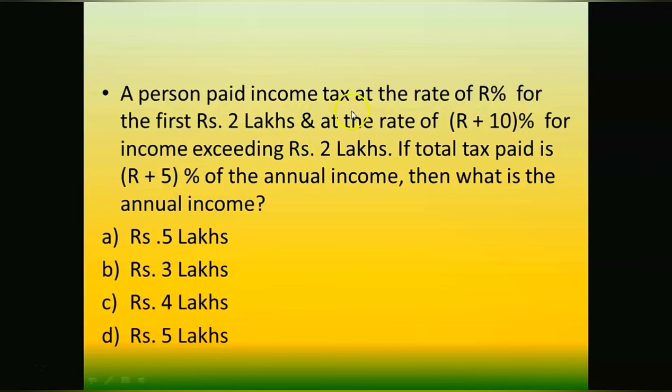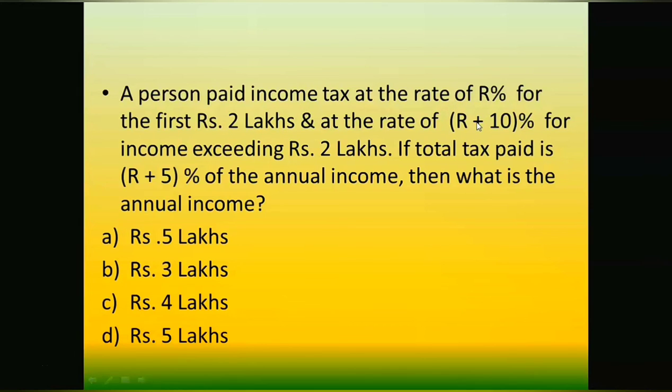Okay, so the equation will be like r% of 2 lakhs plus, now this is what, r plus 10% for the exceeding income, which is exceeding the 2 lakhs. So from the total income, if we remove 2 lakhs, whatever is remaining, on that remaining income, the tax paid is r plus 10%.